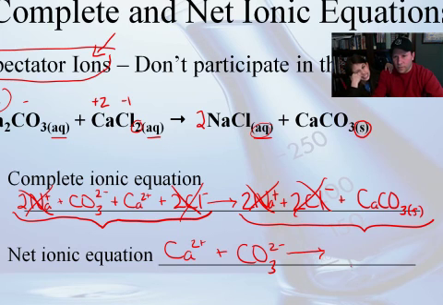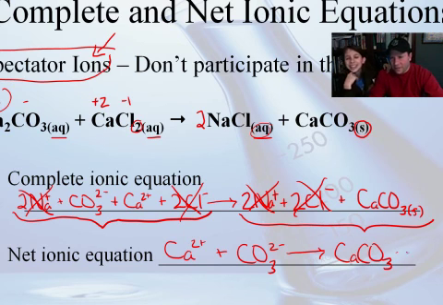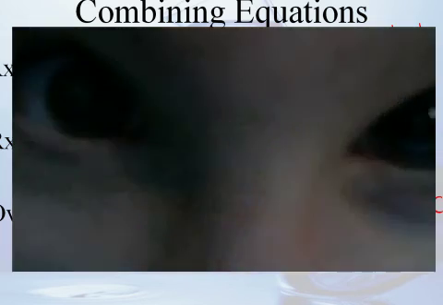And what did it form? The only thing left, CaCO3, and it's a solid. Do you see how this has only the ions that participated in the chemical reaction, not the spectator ions? That's called a net ionic equation. Cool. Goodbye.